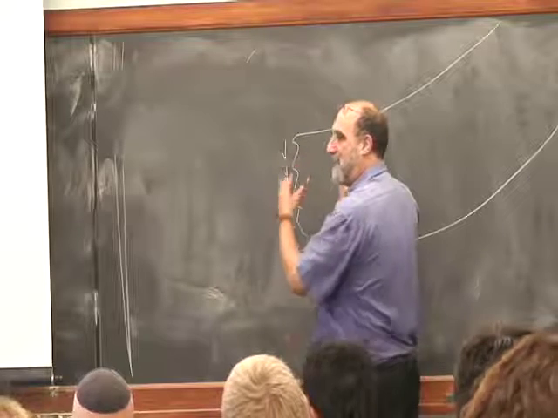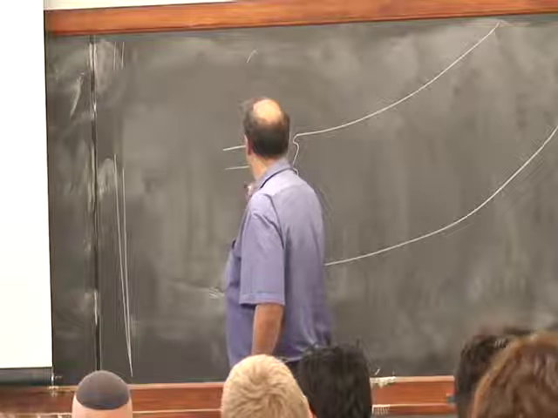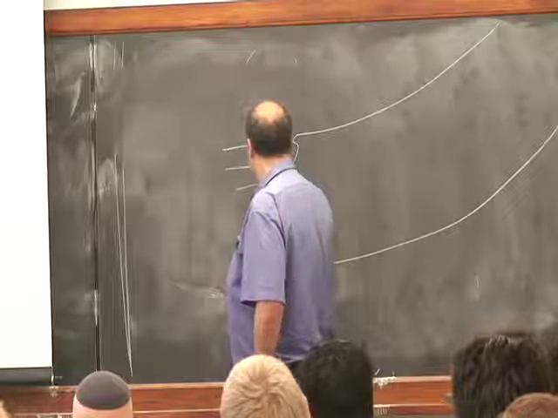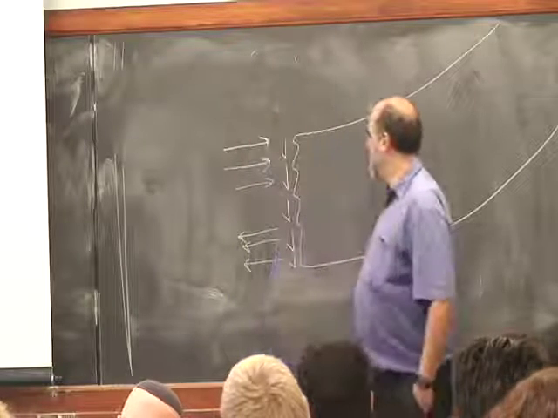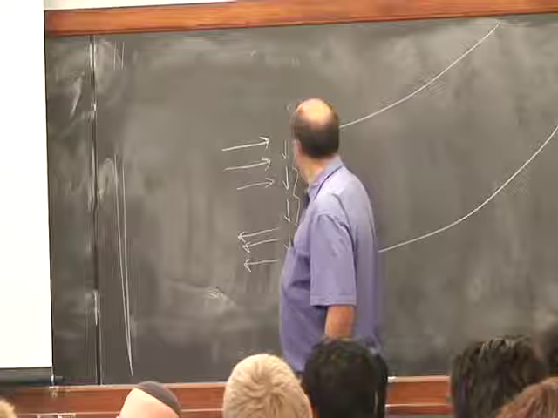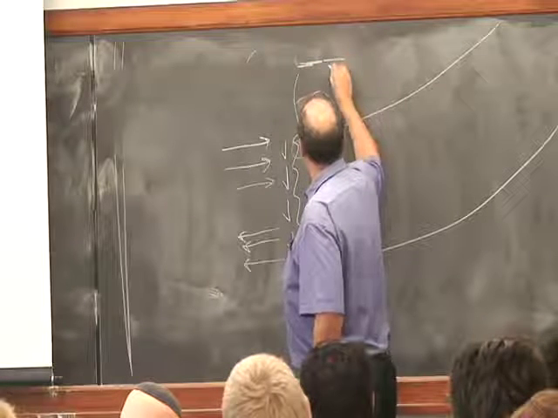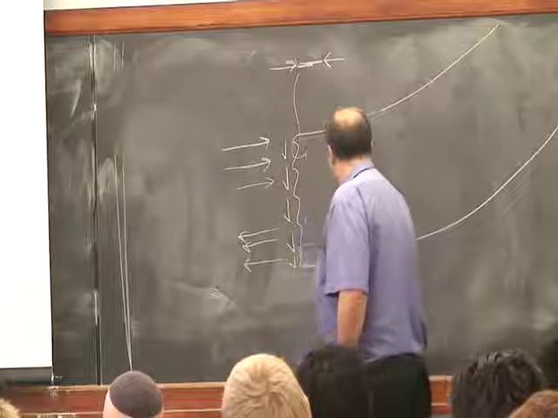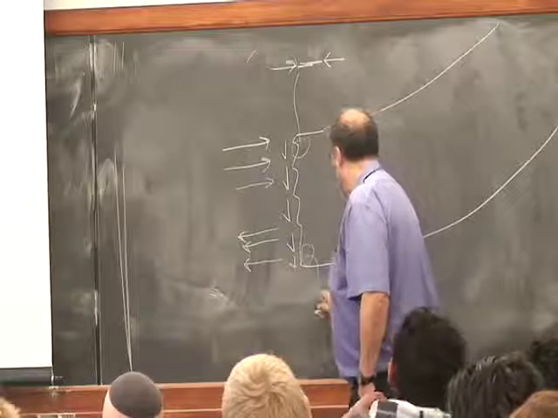And then what's applying that couple is there's a compression forces up here, and there's tension forces down here pulling on these fibers. So the fibers at the bottom are being pulled on, the fibers at the top are being pushed on. If we like, we could pull out some little fiber here and just look at that fiber and see that's a fiber which is in compression. And we could pull out some little fiber here and draw a free body diagram of that fiber and see a fiber in tension.